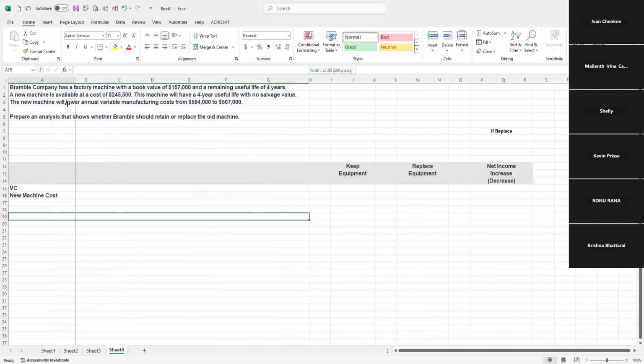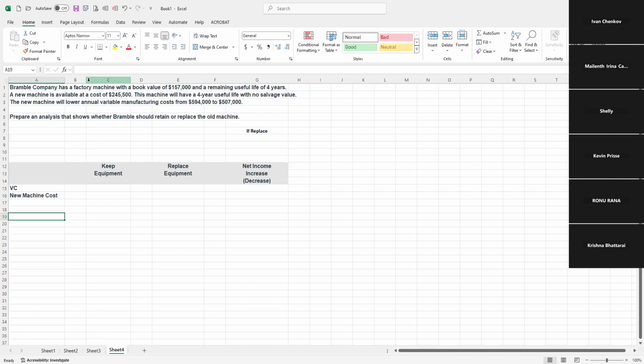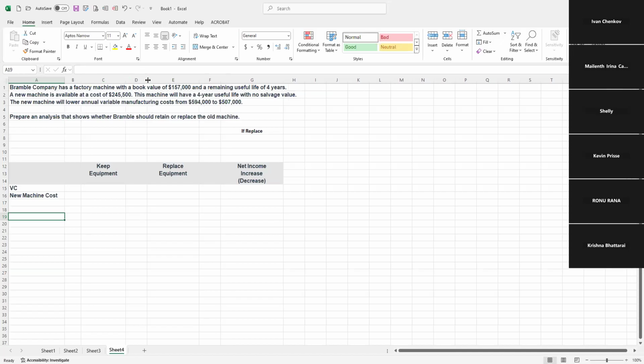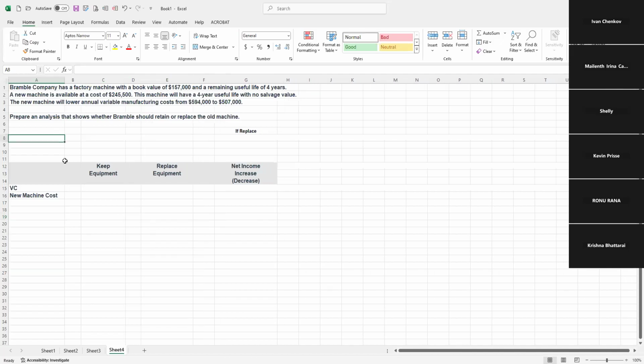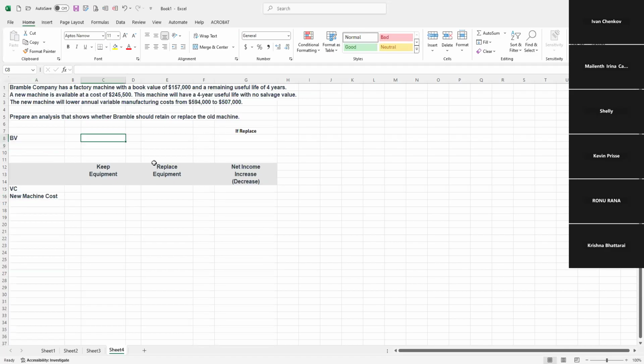So we have here the book value of the machine, which is equal to 157,000, right?